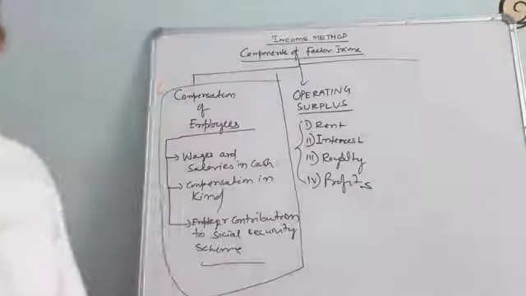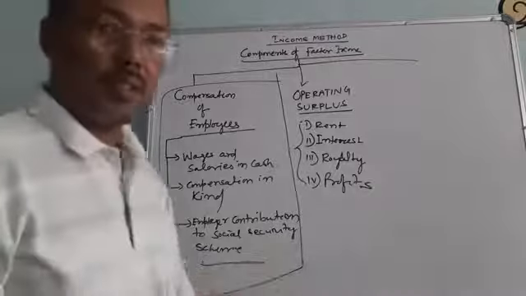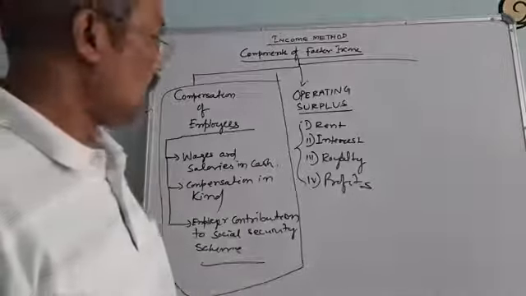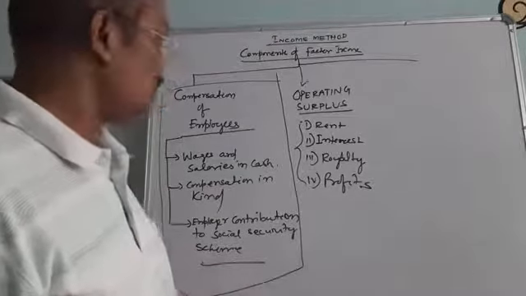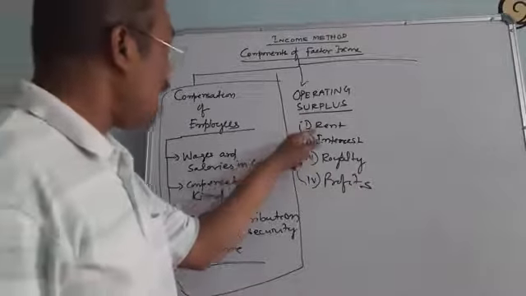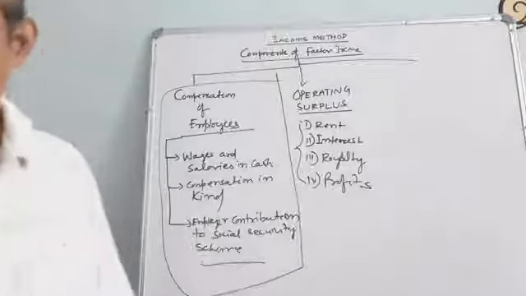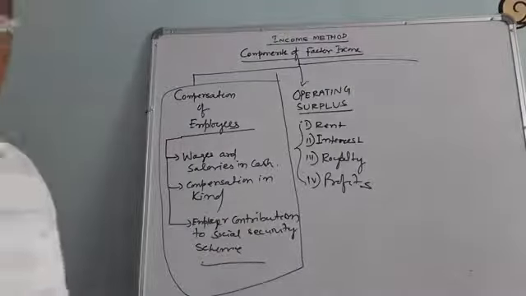What is the rent? Rent is defined as the amount receivable by the landlord from a tenant for the use of land. You are already well acquainted with the rent. So that is one part of the operating surplus. Second one is interest.